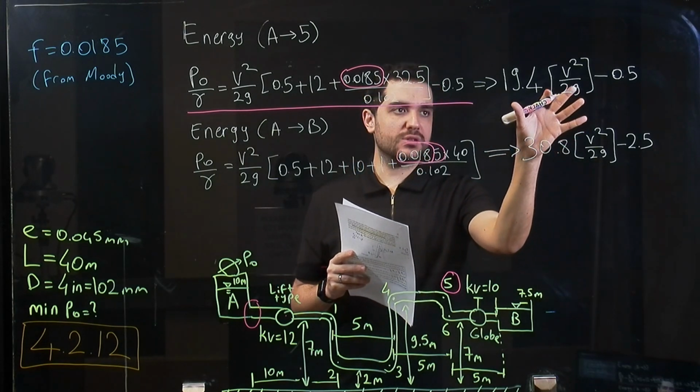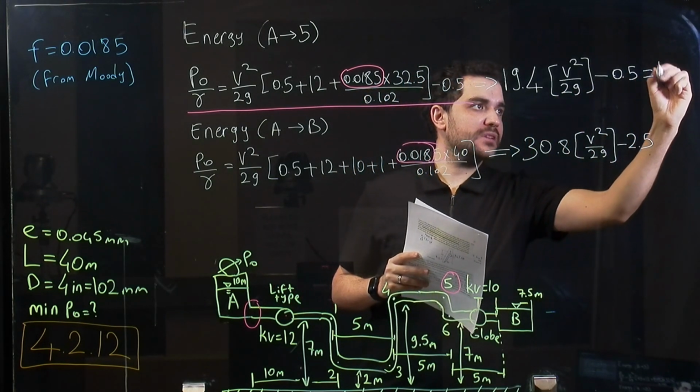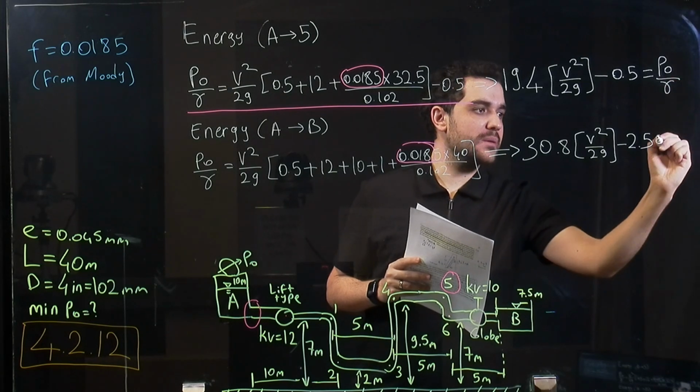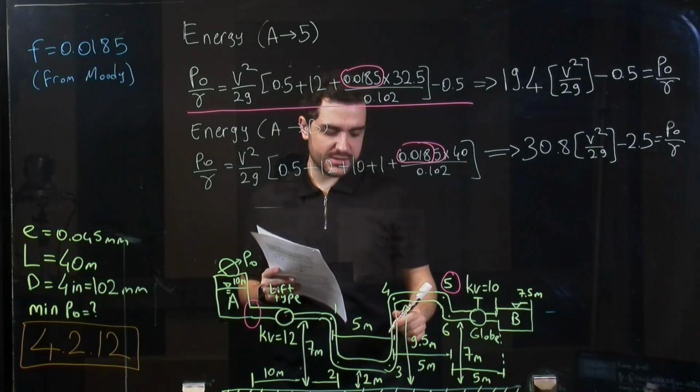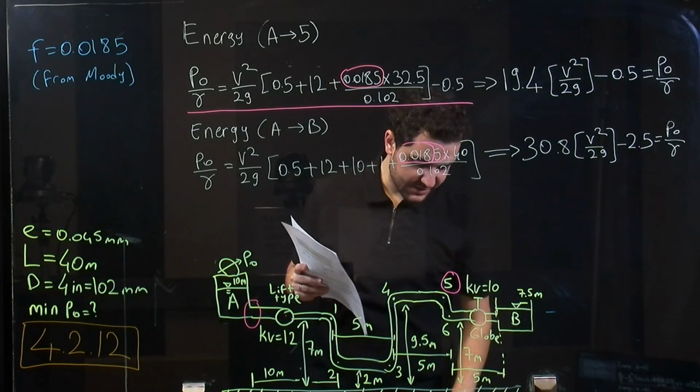So again, based on these equations, both of them are equal to P over gamma. Based on these two equations, we can calculate the new velocity.